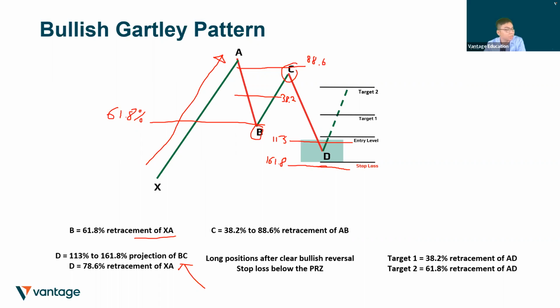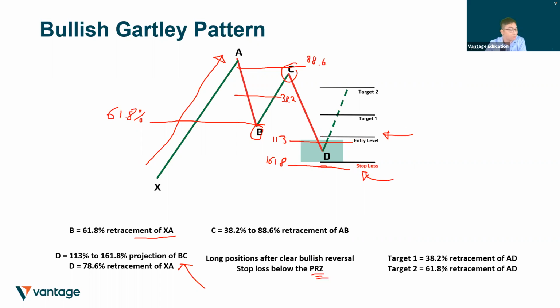Okay, long positions should be considered after a clear bullish reversal. So you can have your entry level there, as outlined here, with a stop loss placed beneath the potential reverse zone, the PRZ zone.